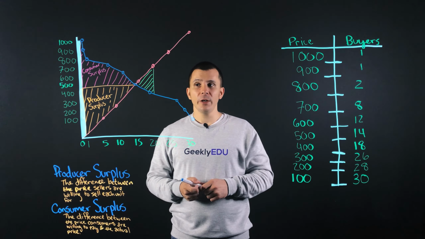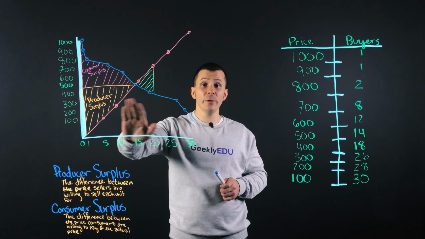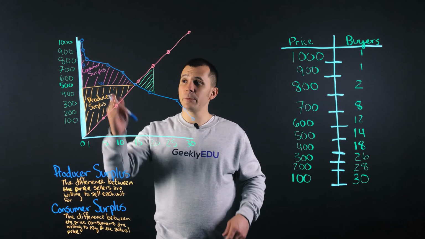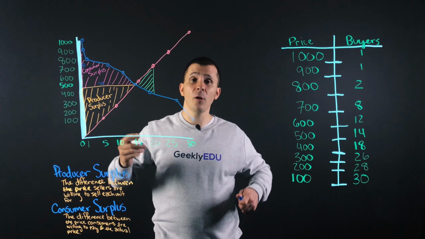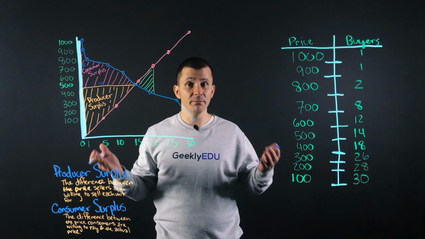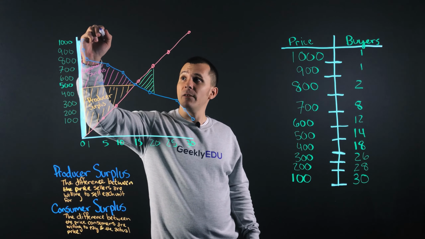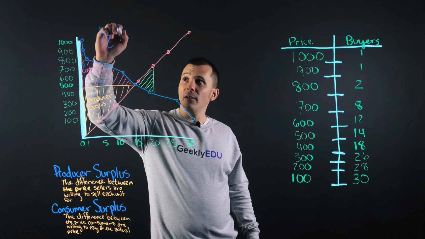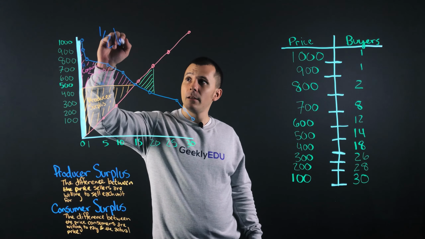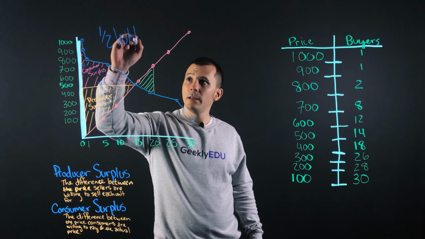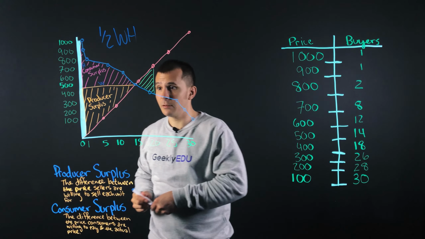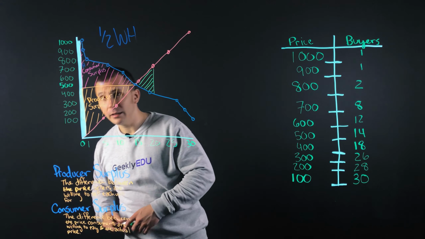Before we go anywhere, I'll just highlight how we get this. It's actually really easy. We have our height and our width, and all we need to do is multiply those together and get half of that. So we have 1/2 our width and height. The exact same thing can be done for our producer surplus.